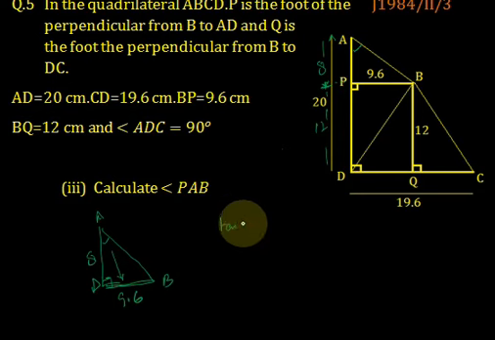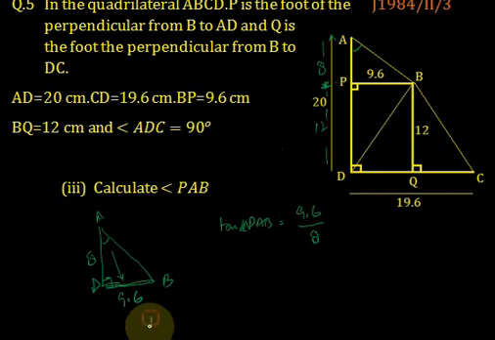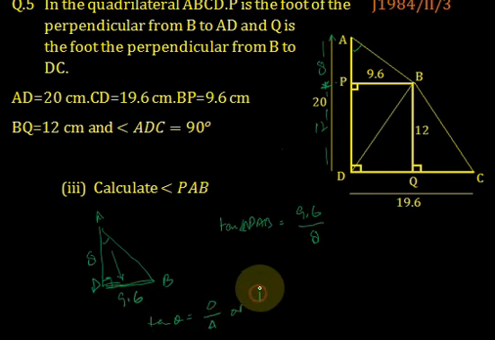Tangent of angle PAB is equal to perpendicular upon base, or opposite upon adjacent. So it is 9.6 upon 8.